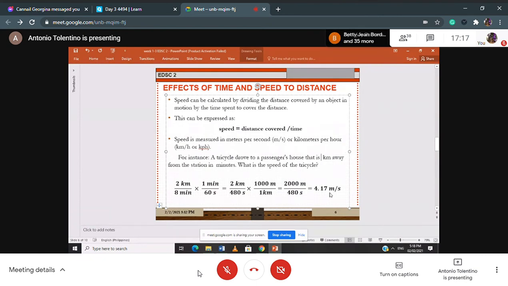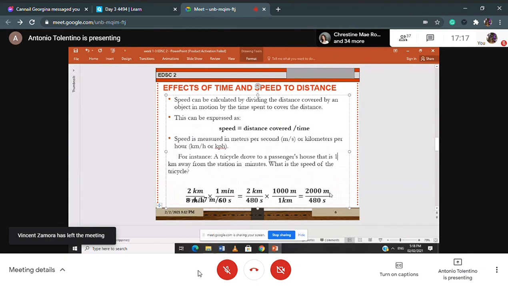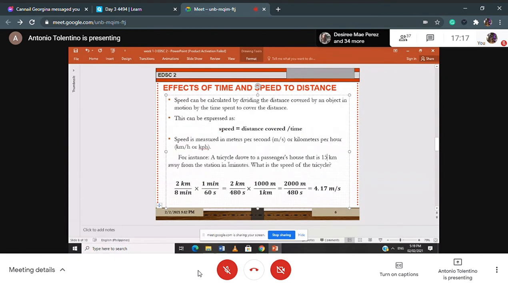Let's try. The distance is 15 kilometers away from the station in 11 minutes. What is the speed of the tricycle?